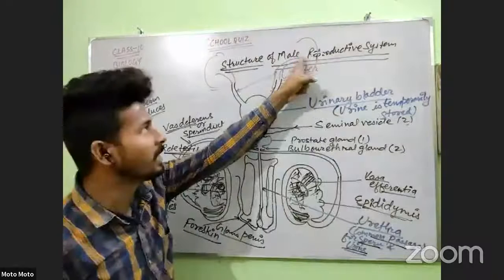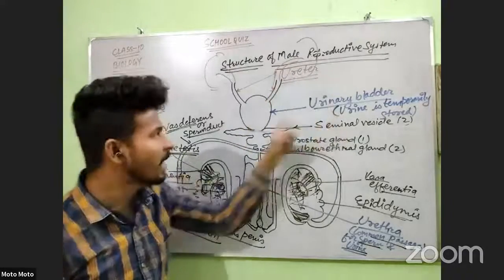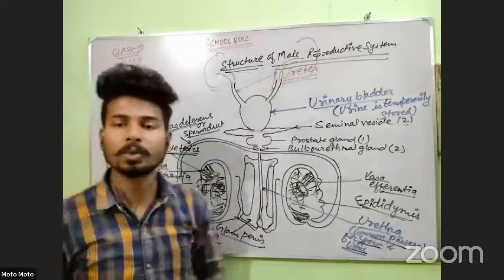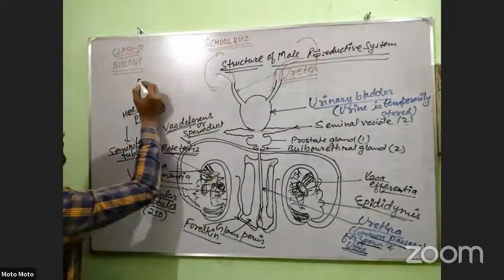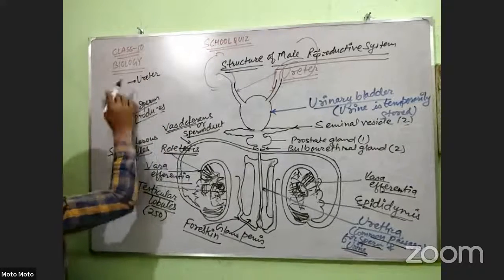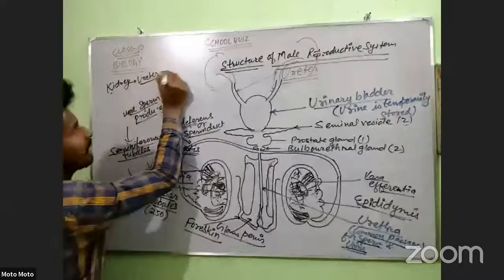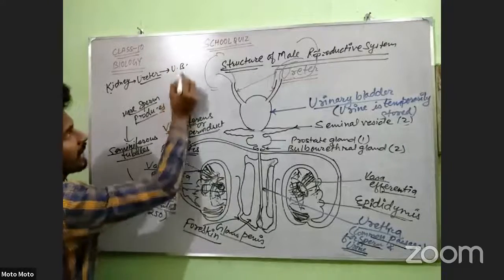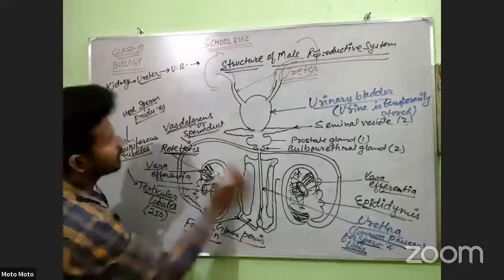Then the kidney leads into the ureter, the ureter into the urinary bladder, and this urinary bladder leads into the urethra, and this is the sequence for urination. If asked the sequence for urination, first write the kidney, then the ureter, then the urinary bladder, UB, and the urinary bladder leads into the urethra.